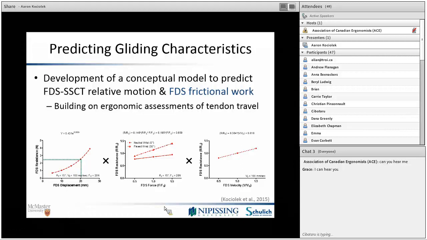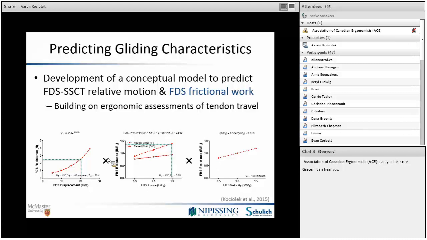So for example, if I'm working in a job that has a high force component as well as a flexed wrist posture, this would give me a factor above 1, and it would increase my original frictional score even higher, representing that additional friction that would exist for a high force job when posture is in a flexed or non-neutral posture.